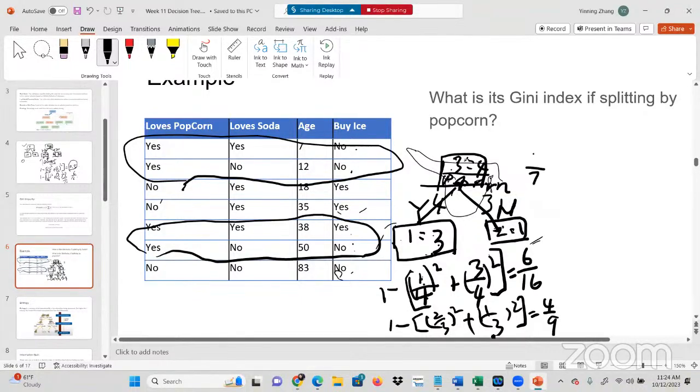You have to do 4/7 times this impurity number, plus this one is 3/7. So the weight of this side is 3/7, and then the impurity number is 4/9. So after that this is the number we get if we use popcorn as the feature, as the first root.